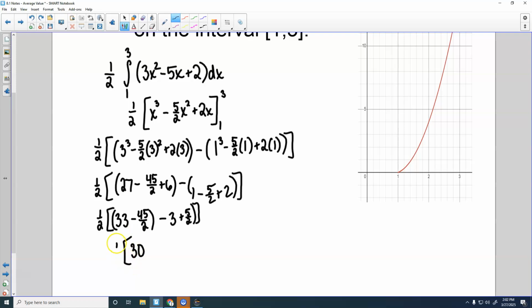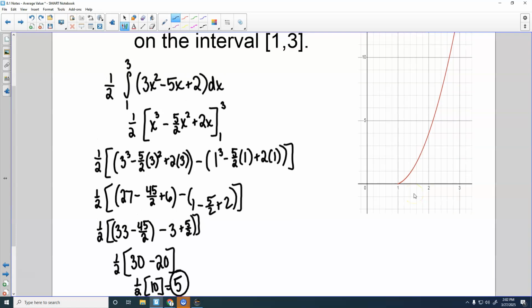And then negative 45/2 plus 5/2 is going to give us negative 40 over 2, which is negative 20. So we get half of 10, which is 5. There. So the majority of that is just arithmetic that you are doing there.